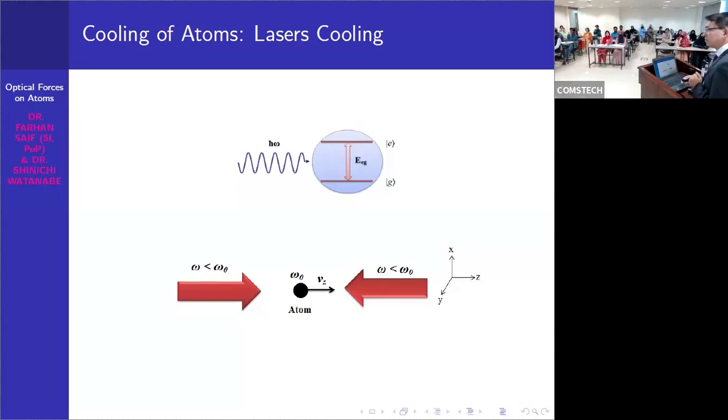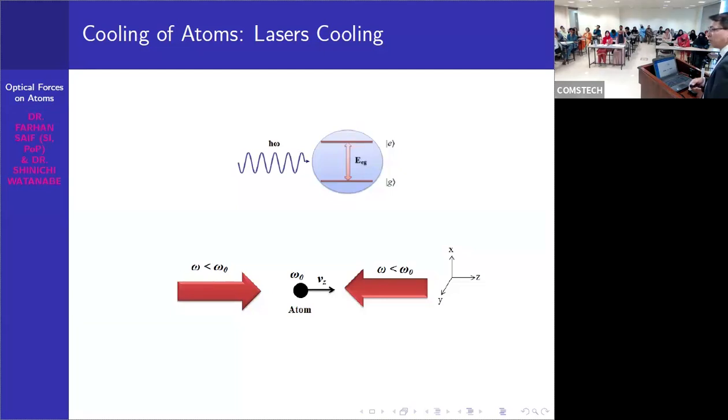Once it becomes equivalent to omega naught, it absorbs the field and gets a kick in the direction opposite to its propagation. That reduces the velocity of the particle, because you're getting a momentum kick in the opposite direction. This process goes on many times, and it creates a slowing down of the atom.